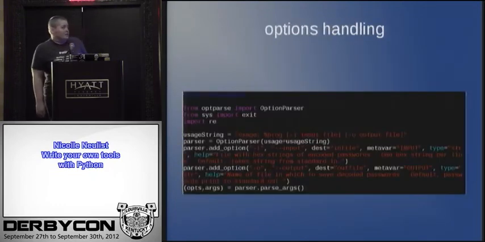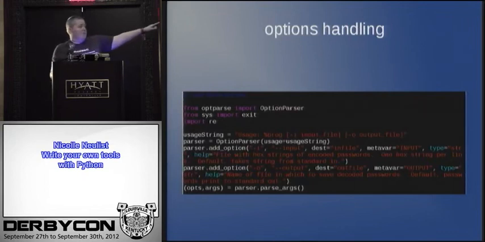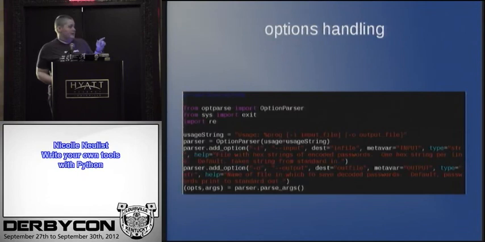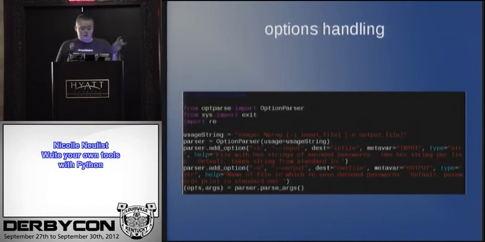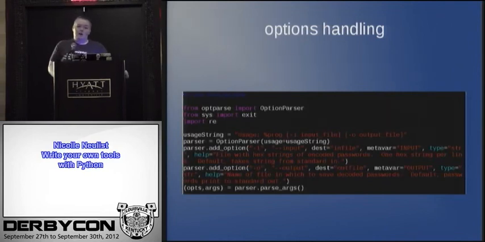So there's the beginning of the script. I've got from optparse import OptionParser, from sys import exit, and then import re, which is the regular expression module. The usage string just says usage: program -i input file -o output file. It's the kind of help string that you would see if you were running a Linux command line utility.